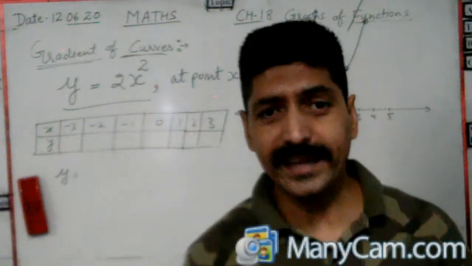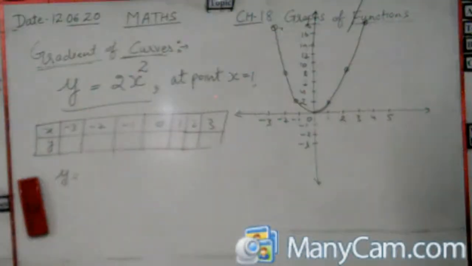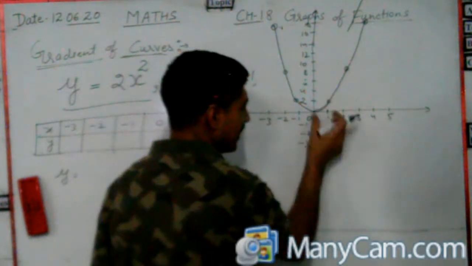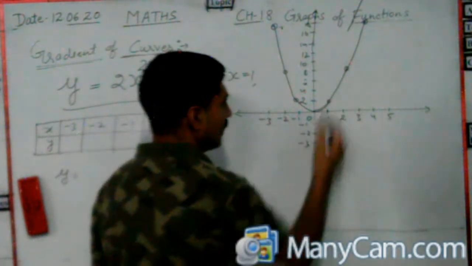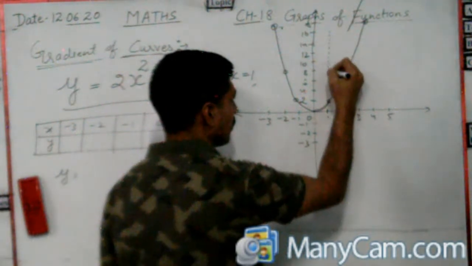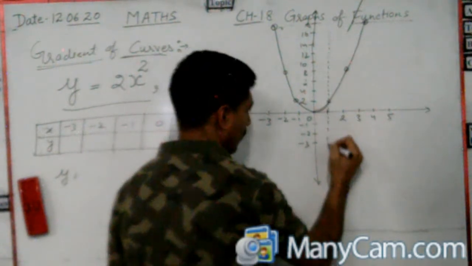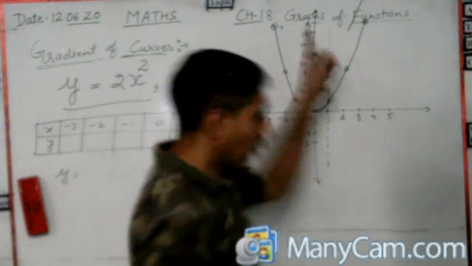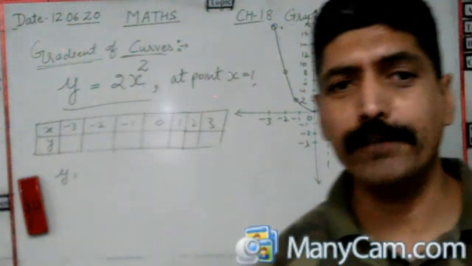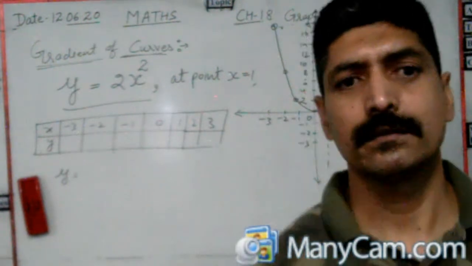Now at x is equal to 1, this is the x1, the value of x or abscissa on this dotted line, that is 1.